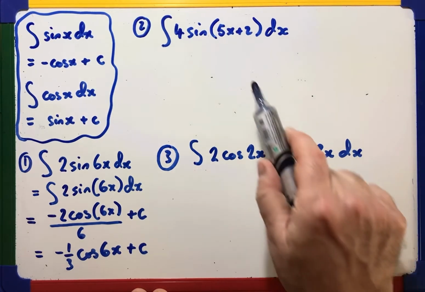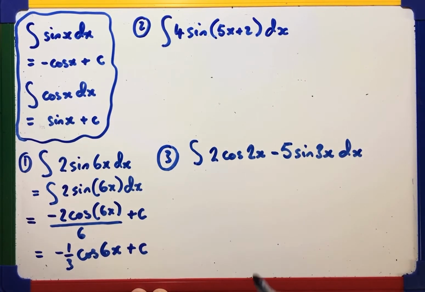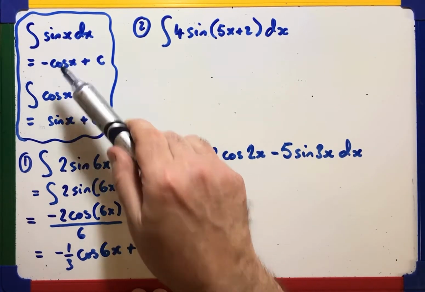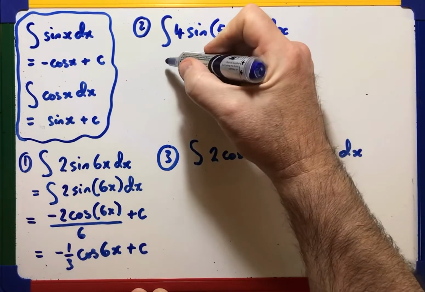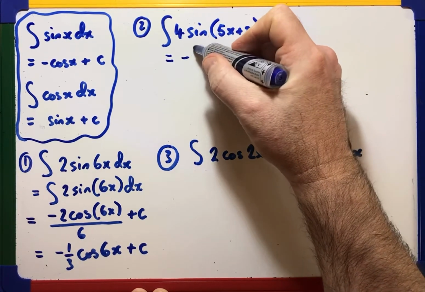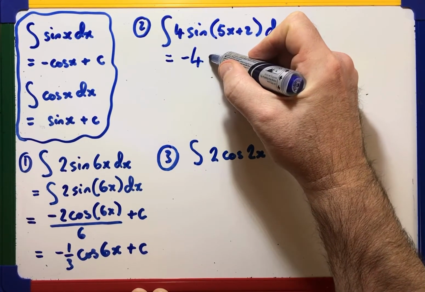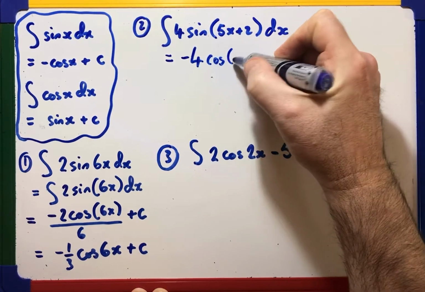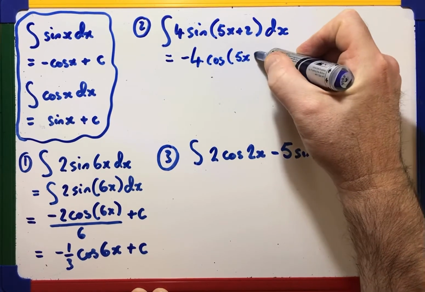Okay, let's have a look at the next one. Same idea, it's a linear term. First of all, we know sine goes to minus cos. So what I'm going to get is minus 4 cos 5x plus 2.